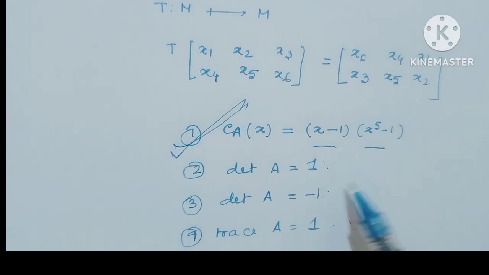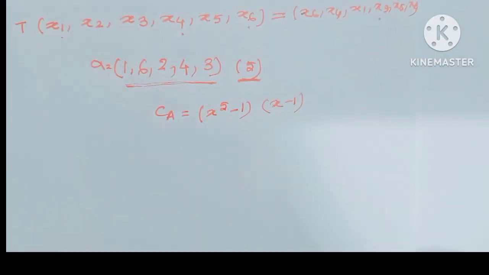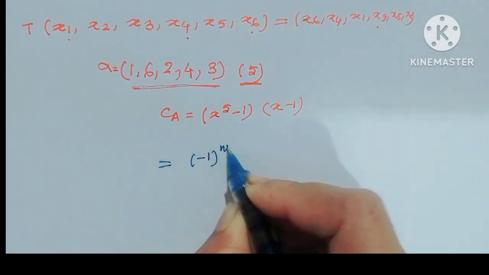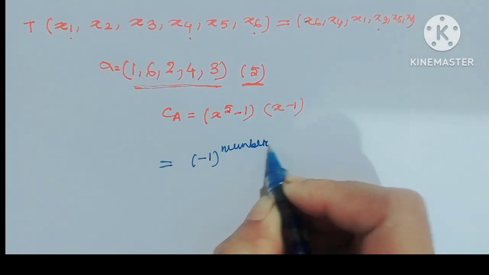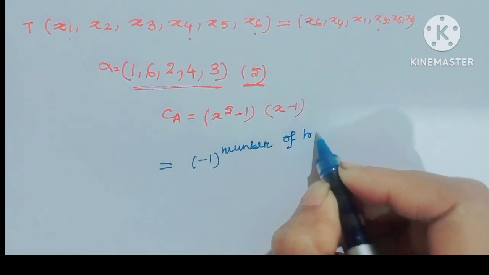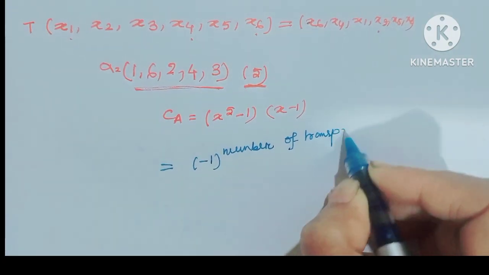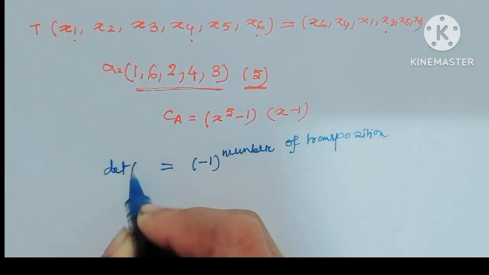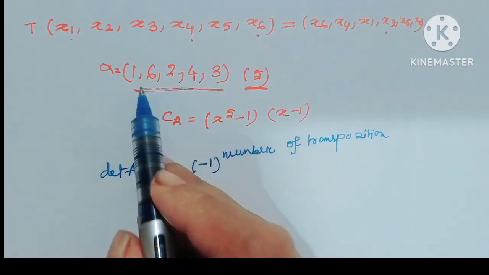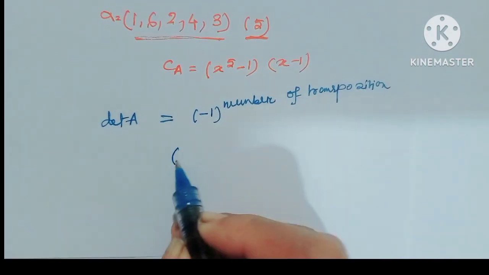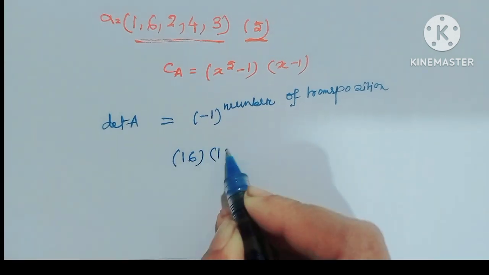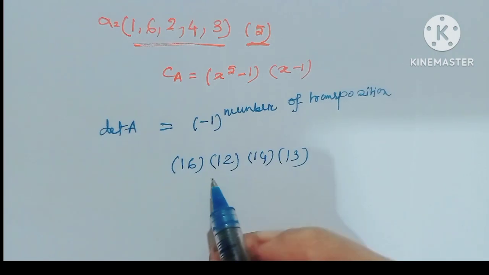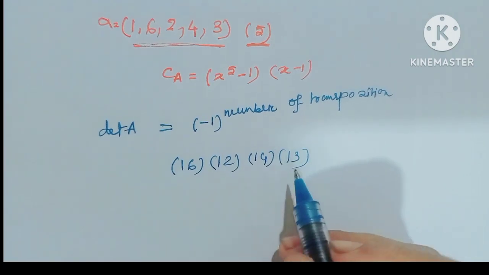Next, the question about determinant. Determinant means minus 1 to the power number of transpositions. This is the determinant of the matrix A. Here the transpositions are (1 6), (1 2), (1 4), (1 3), so the number of transpositions is 4.